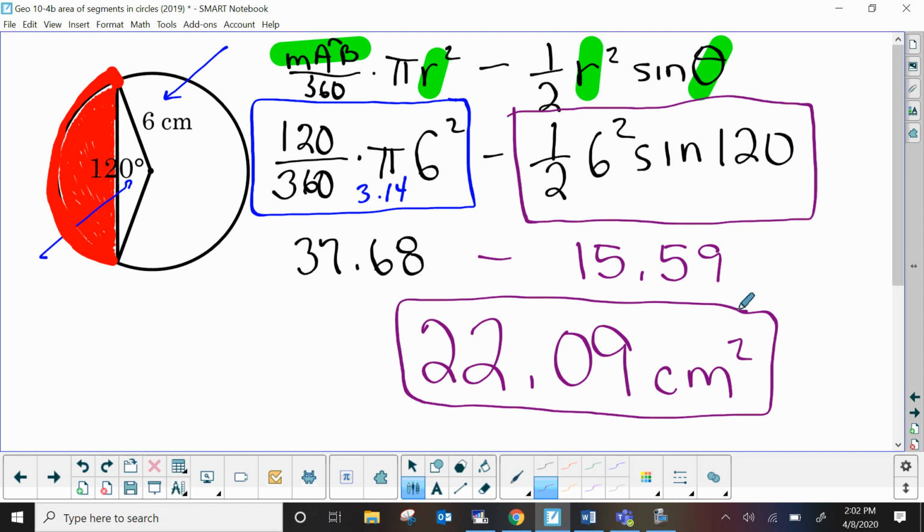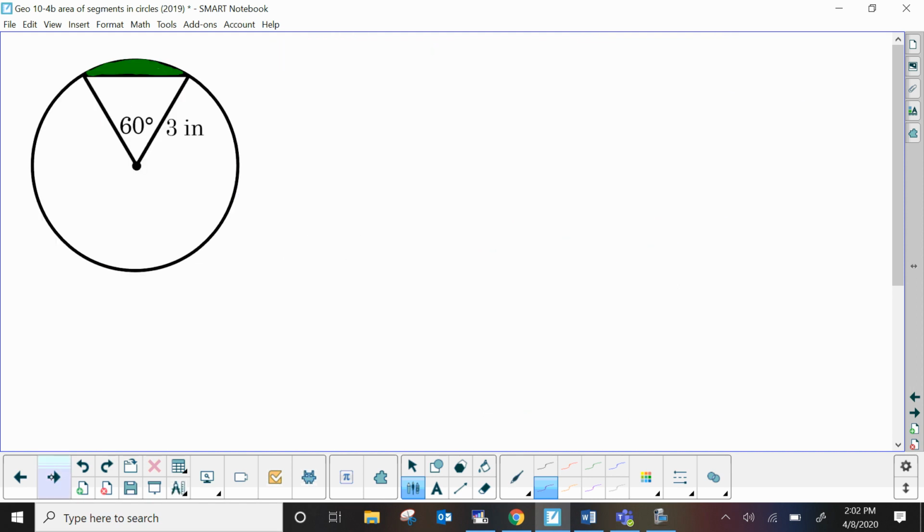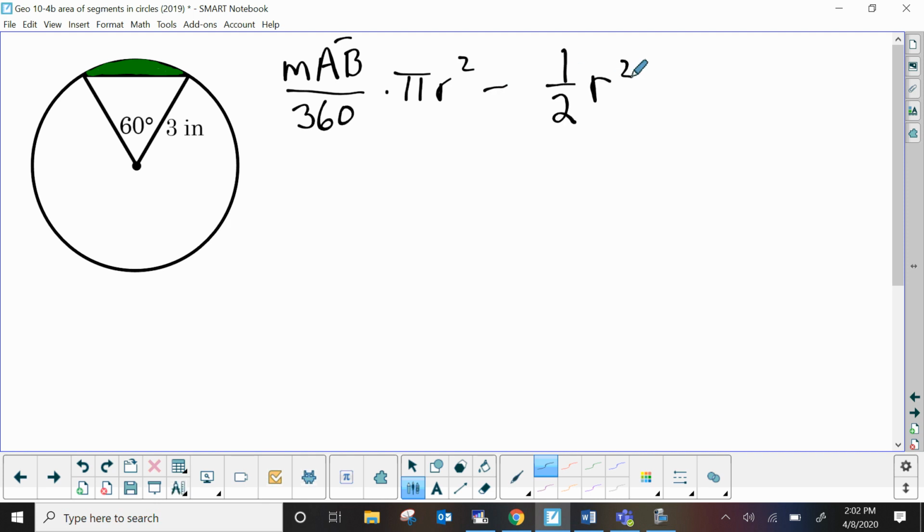All right. Let's try another one. So the measure of the arc over 360 pi r squared minus 1/2 r squared sine of theta. So that is the entire formula.